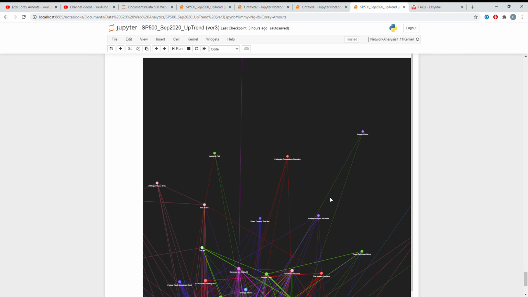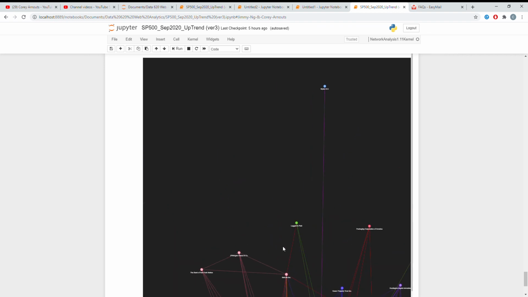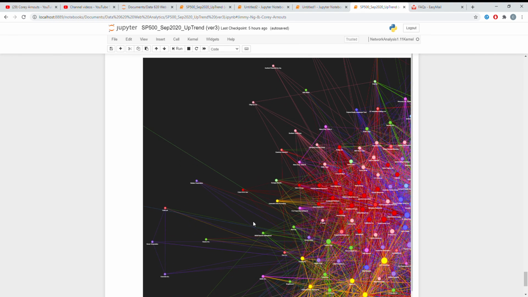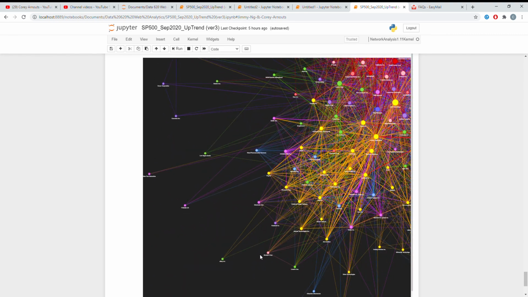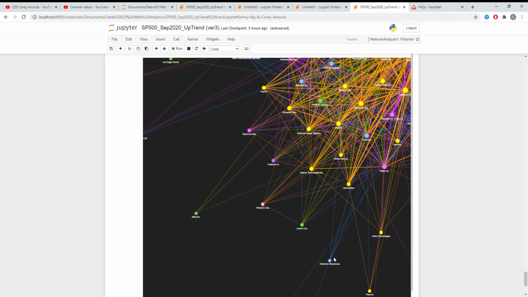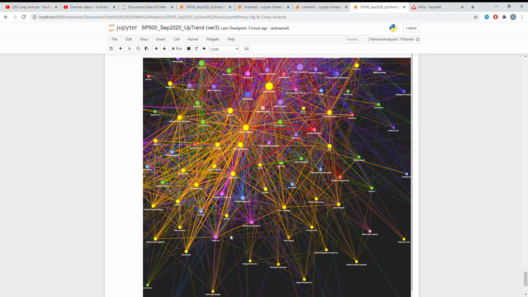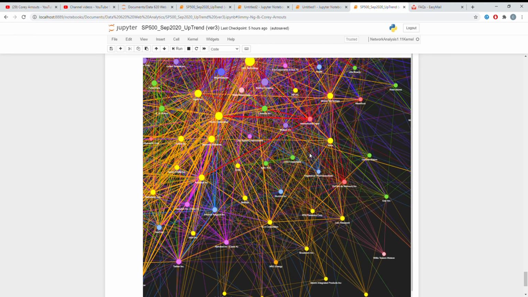And obviously you can extrapolate this and do other things, and there has been work done using this type of network analysis to pick stocks. This is really interesting stuff, but you just look at it. All right, what companies are connected to each other, and in what ways?